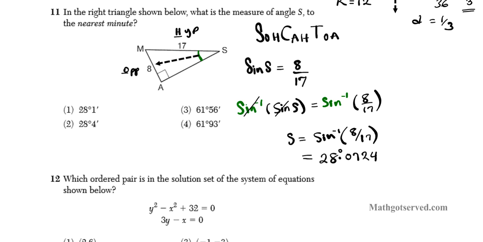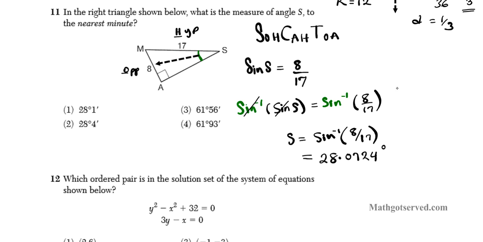We want it to the nearest minute, so you have to be really careful. This is in decimal form, and you might be tempted to round this to the first decimal place, get 28.1, and write it as 28 degrees 1 minute. That's wrong. We have to convert this decimal portion of the degrees into minutes.